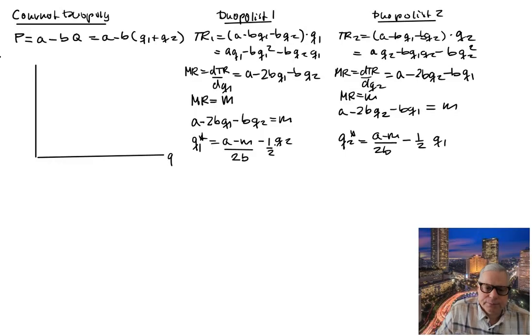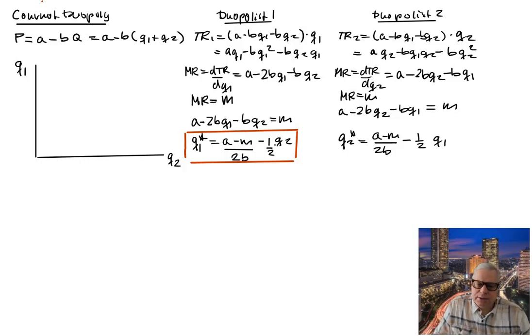So here Q2, here Q1. And let's make firm 1 red. If we take a look at this function, the intercept is at A minus M over 2B. So let's put that here, A minus M over 2B.